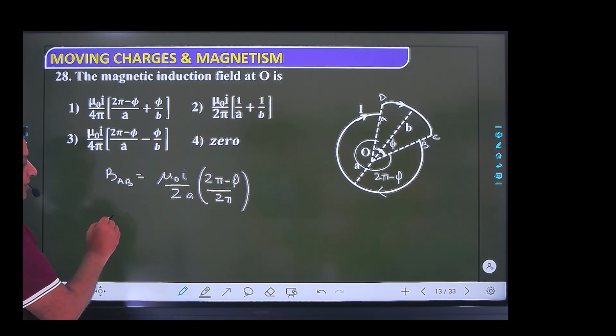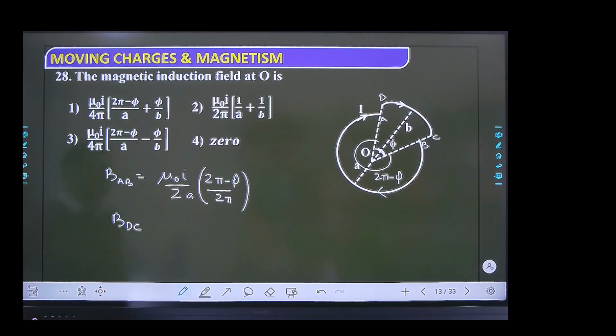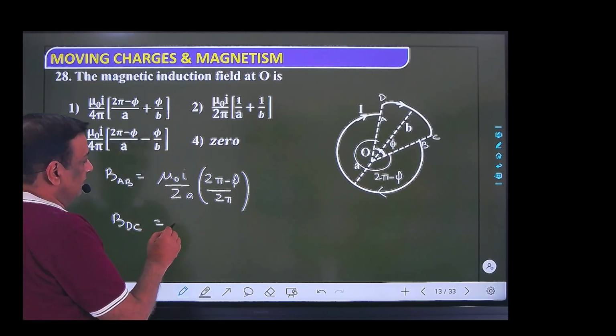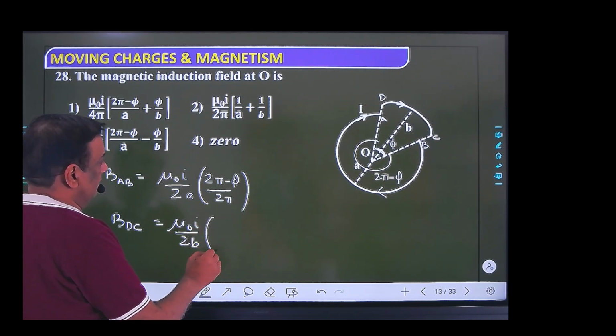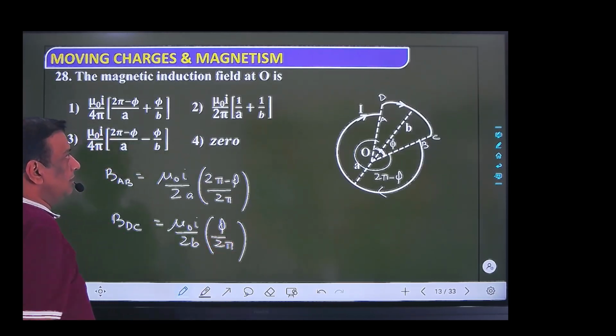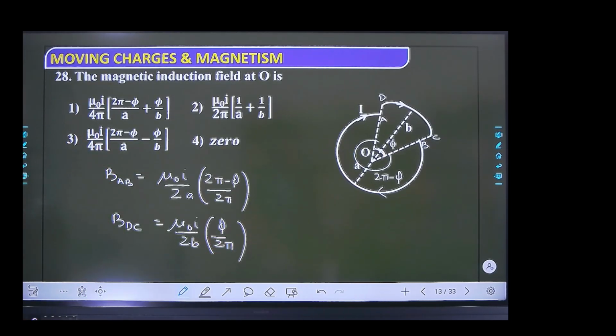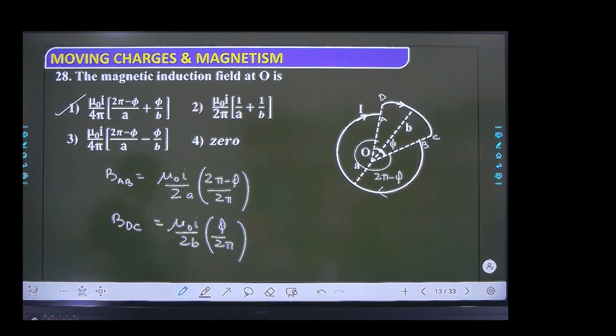And magnetic field of DC will be phi by 2 pi. इन दोनों की डायरेक्शन सेम। क्लियर है ये?